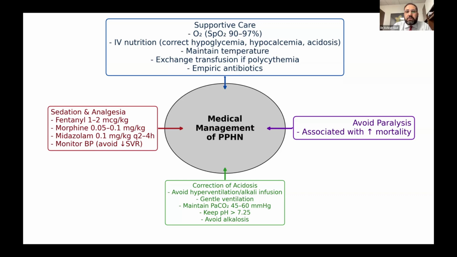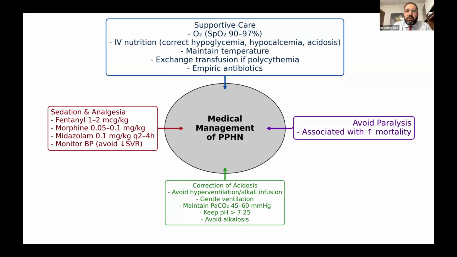We do not routinely use paralysis, but it may be needed in some situations when there is a spike in the pulmonary pressure, or the baby is very agitated, which commonly happens, especially in big babies and post-term babies. So it can be achieved, but routine and continuous, prolonged sedation is not really recommended. As we all know, it increases the mortality.